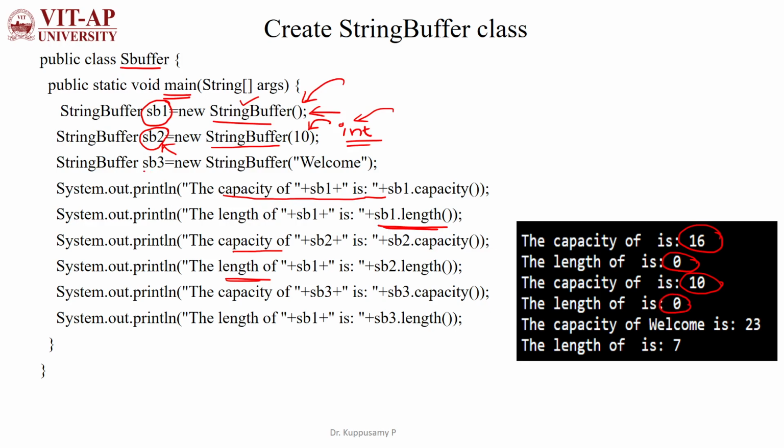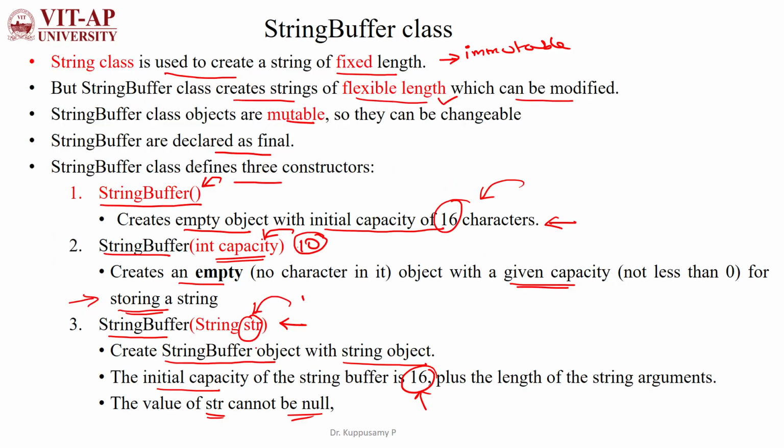And we are creating a third variable sb3 of the StringBuffer class. Here we are passing a string as an argument. The string has characters at index 0 1 2 3 4 5 6, so the length of the string is 7. As per the statement, the empty constructor uses a capacity of 16 memory locations, plus the length of the string.